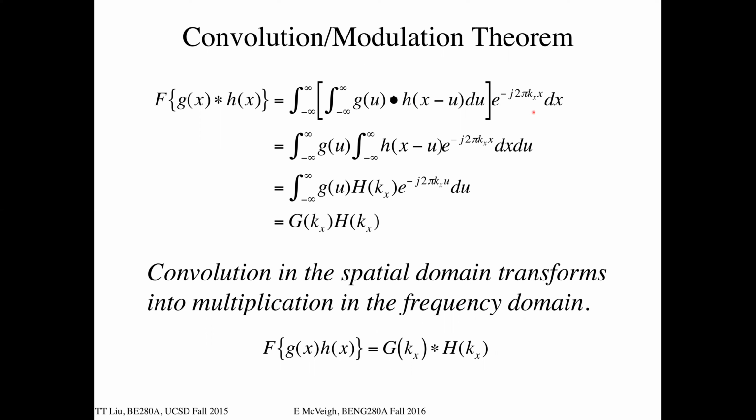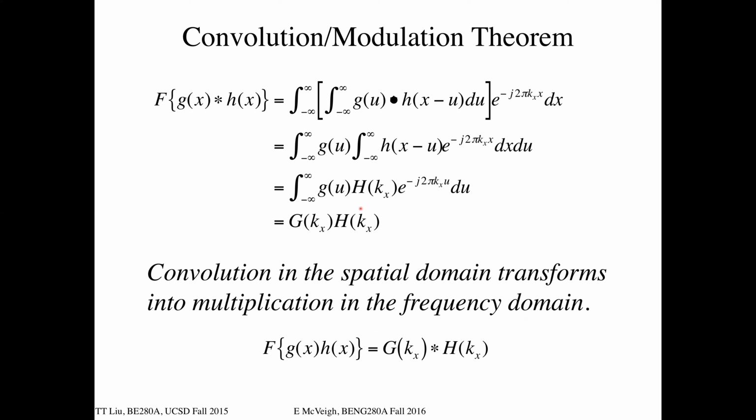So I take the Fourier transform of that by multiplying by this and integrating over x. And now we can break this up and move g of u outside here. Do this first, and find out that we now have basically the Fourier transform of h here. And I still have this integral over u, and so I have the Fourier transform of g here, and it's just their product.